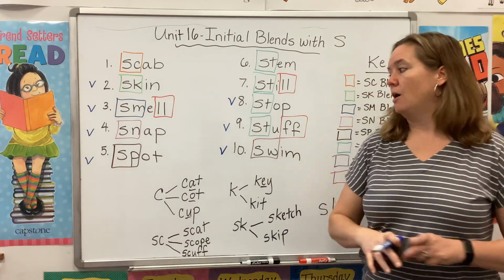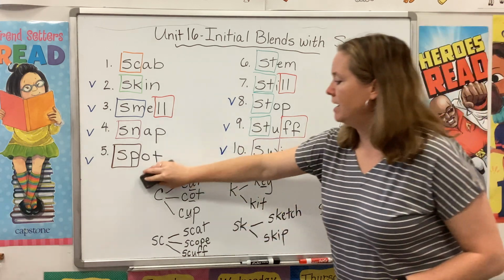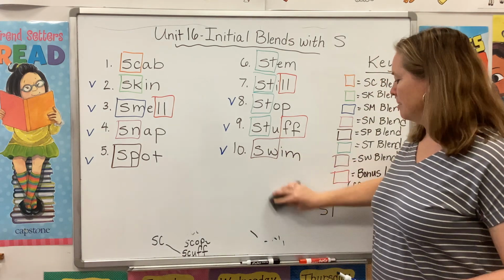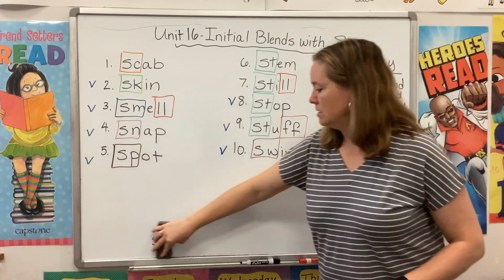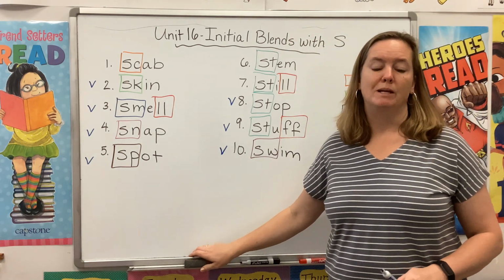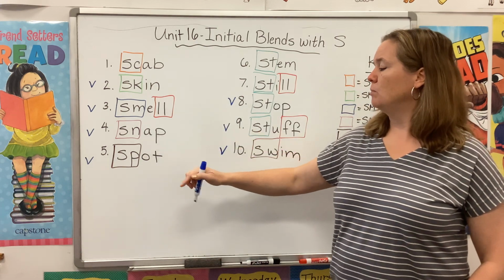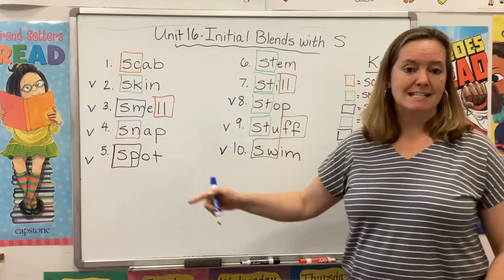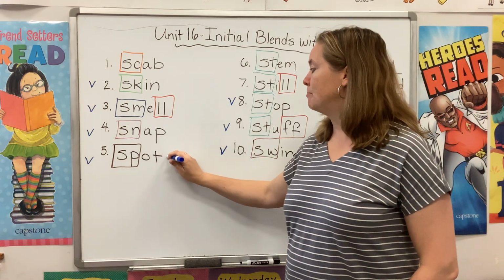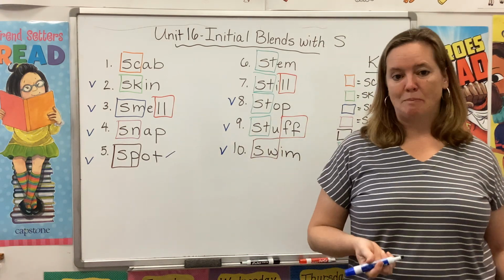Okay, so now that we've found all of our action words, I want you to remember what we talked about last week. We talked about adding suffixes. So taking the word spot and changing it to spotting or spotted.